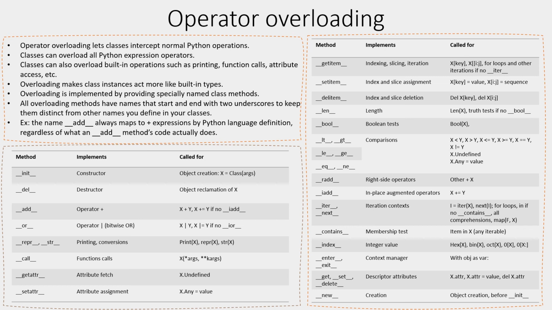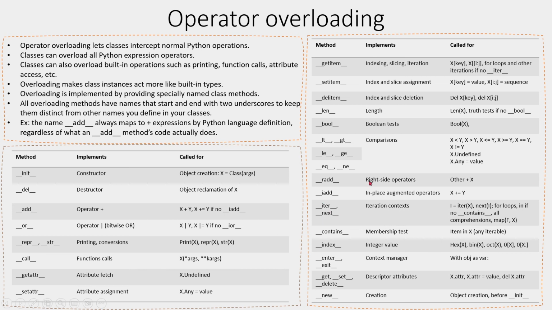Similarly, setitem is for index and slice assignment. Then delitem to delete these items, and len is for length, we all know. Bool is for boolean tests. Lt, gt, these are for comparisons: lt less than, gt greater than, le less than or equal to, ge greater than or equal to, eq equal to, ne not equal to, and right side operators. And iter, at least you should have remembered this one.